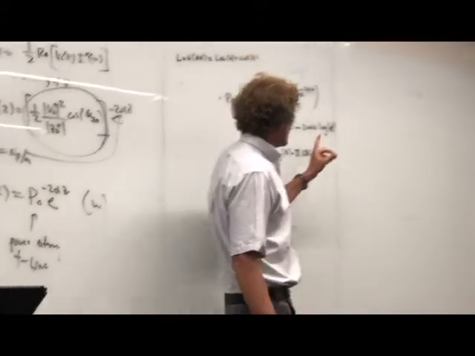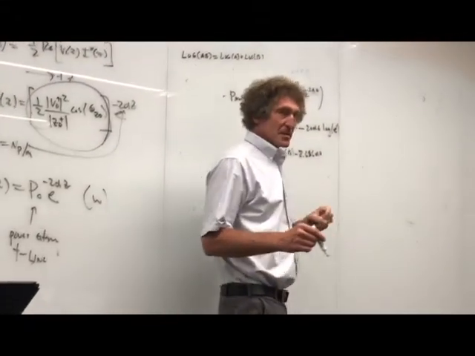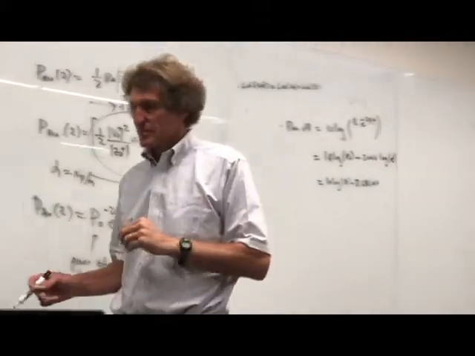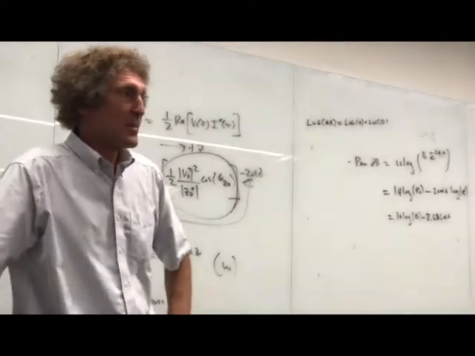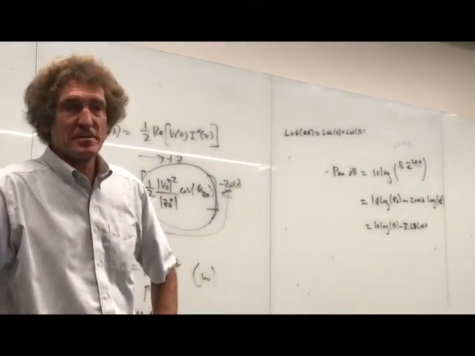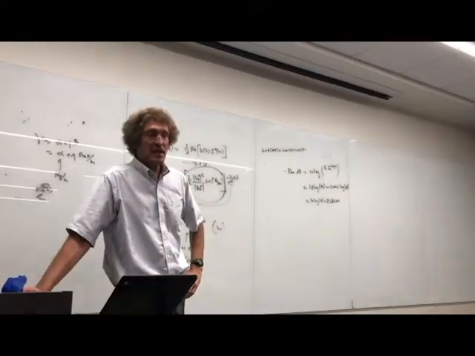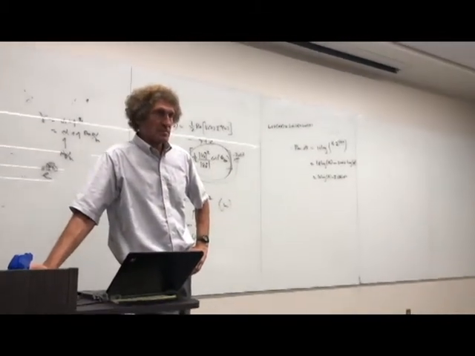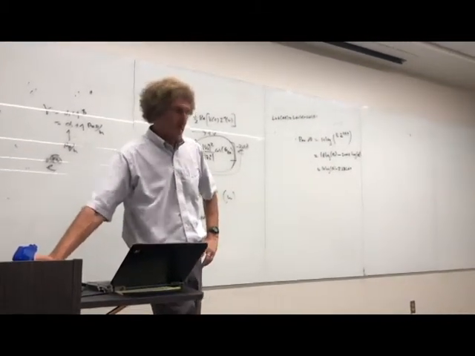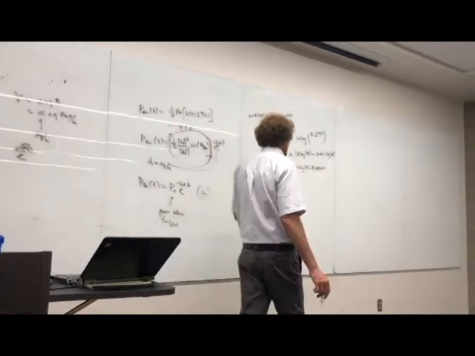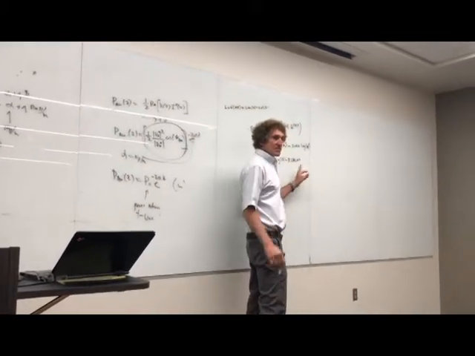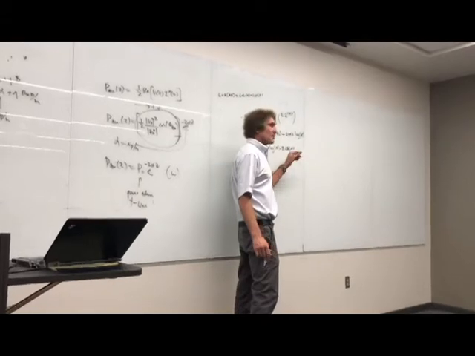If you take the log of e times 20. Anybody else have a calculator? You have to put e to the 1. 8.685. That's right. It's actually 8.686. It's about 8.686 times alpha z.